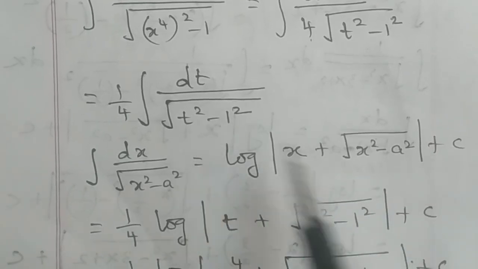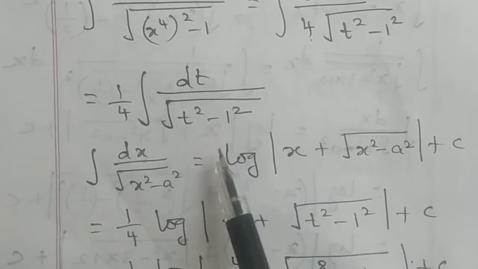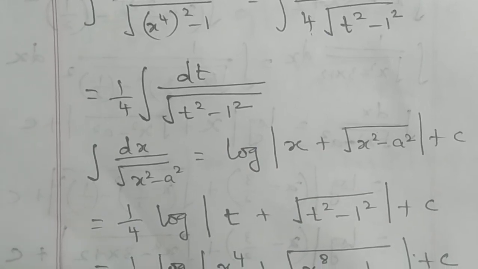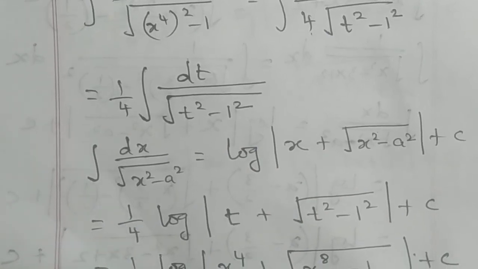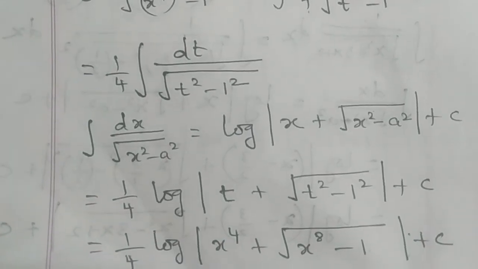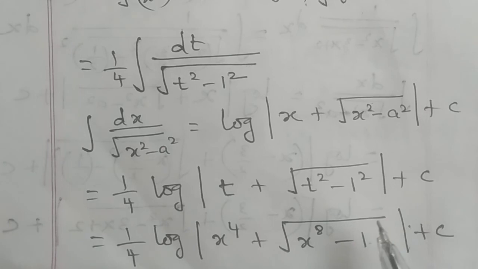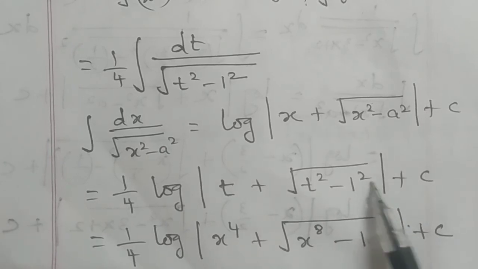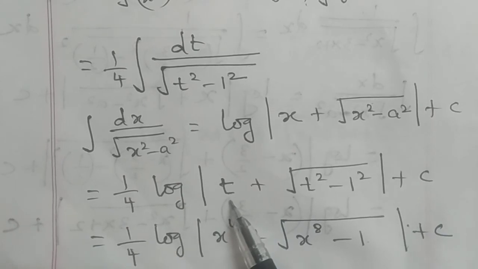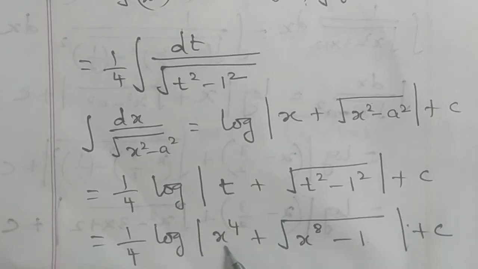So what is the value here in the place of x? Here t only, and a value is 1. So 1 by 4 log of modulus of t plus square root of t square minus 1 square plus c. We are assuming the t value equal to x to the power 4.